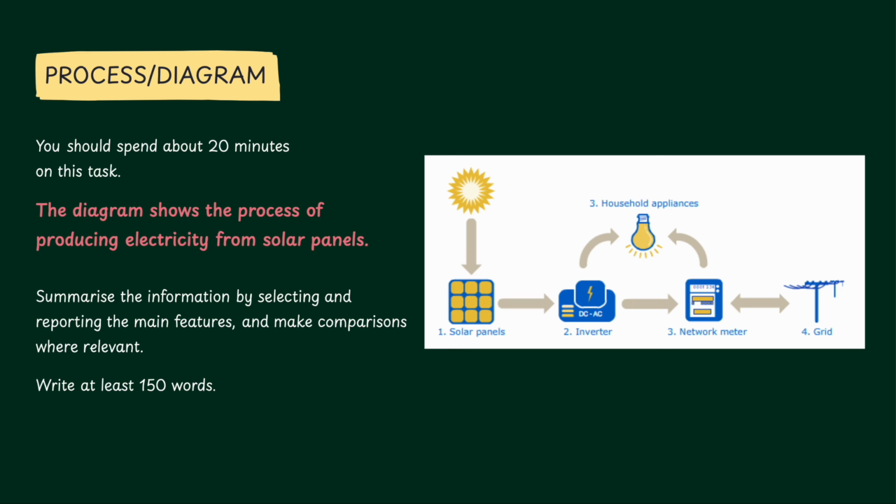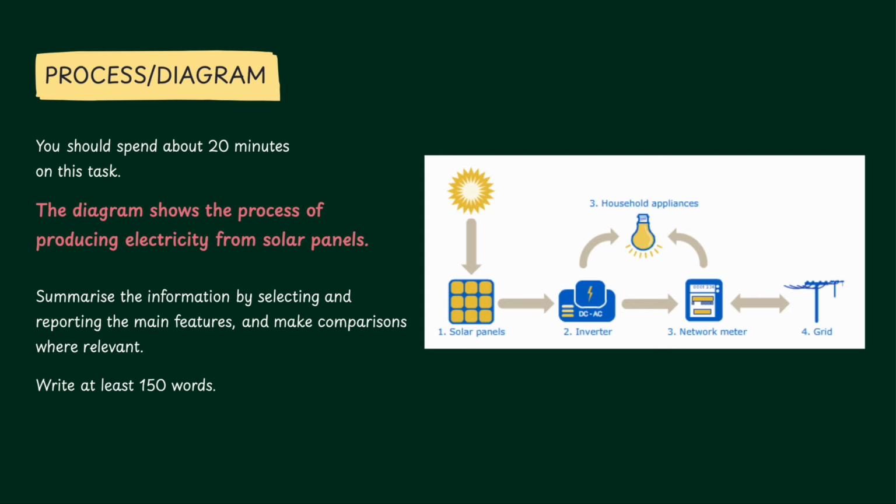For process or diagrams, your task is to describe the entire process, starting from the first step all the way to the last step. Honestly, I think this is one of the simplest question types in IELTS writing task 1. But I don't know about you.